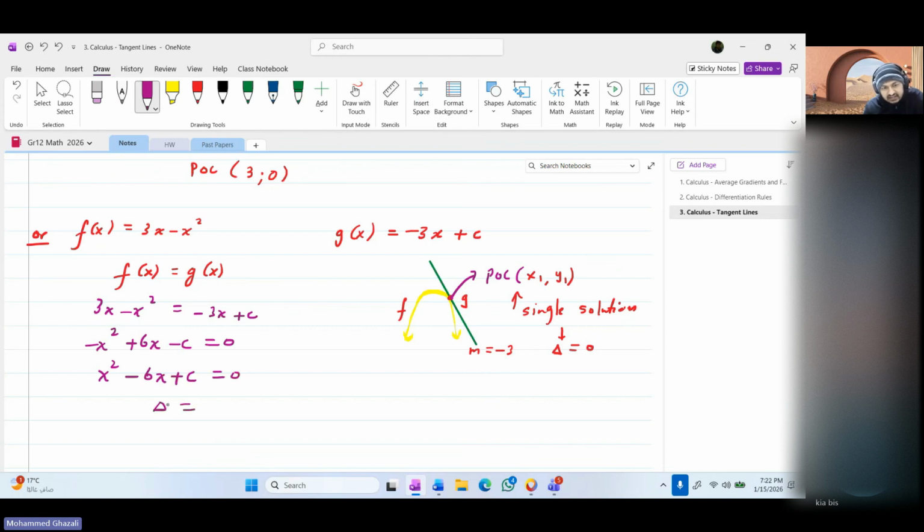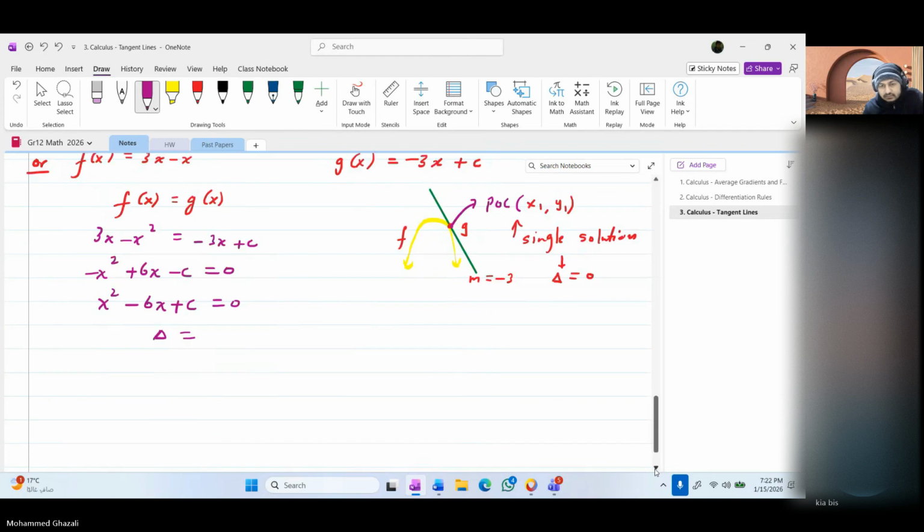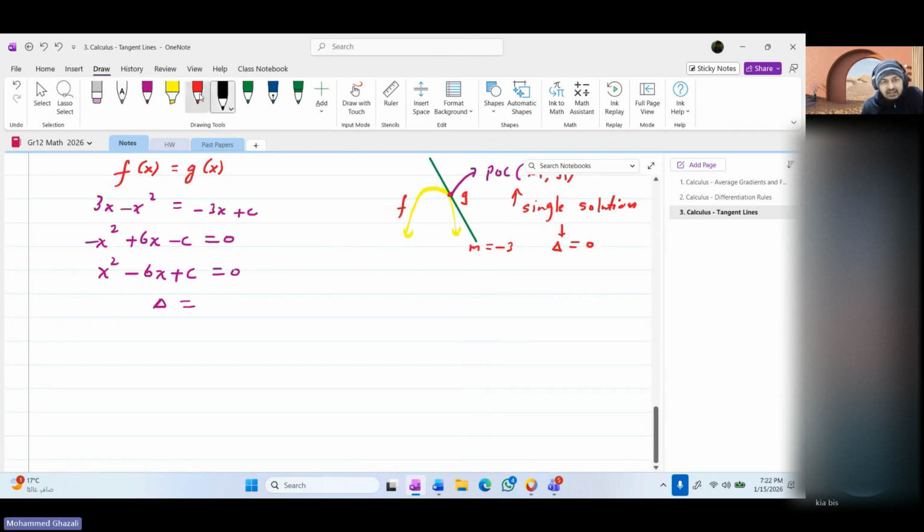So now delta is equal to b squared minus 4ac, and that should give me 0. Remember, this is a 6. So substituting into b, that's negative 6 squared minus 4.